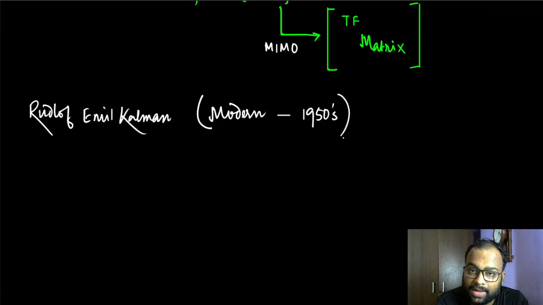So he developed a way using things already known in mathematics, and he brought them into the engineering domain. The modern aspect is essentially the state space analysis technique, state space modeling technique. Let me just write it down.